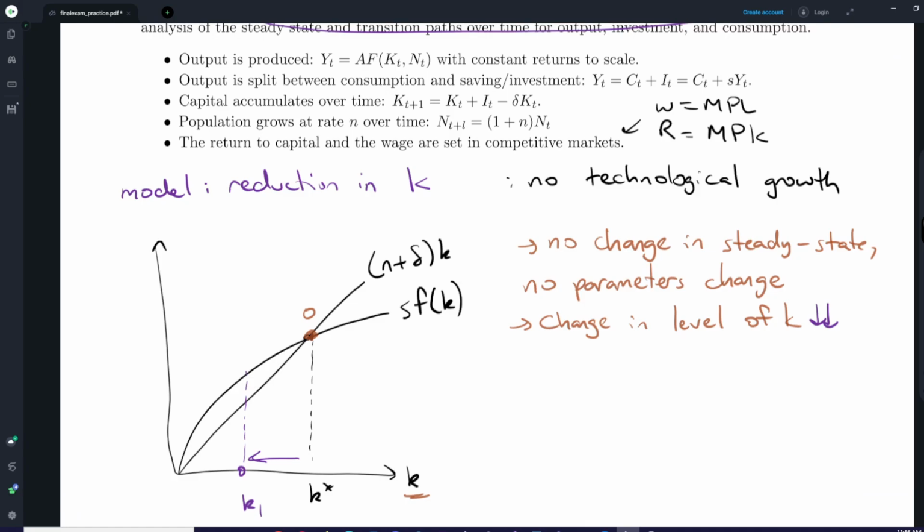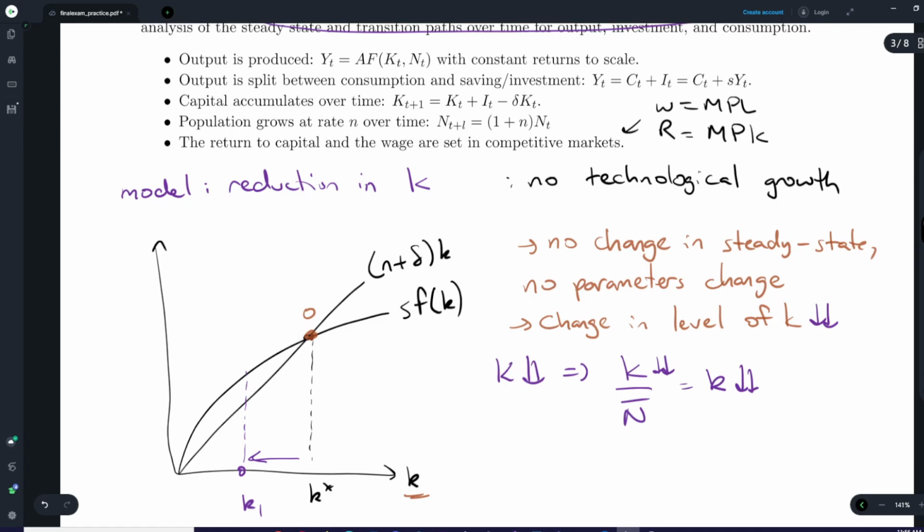So one way you might model this is by a reduction in the amount of K. And a reduction in K is also a reduction in capital per worker, because when we turn off a bunch of our factories, we don't kill a bunch of people at the same time. So population is constant the day that we turn off our factories, so capital per worker is falling as well.